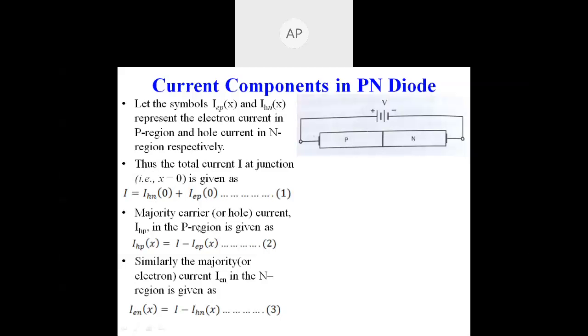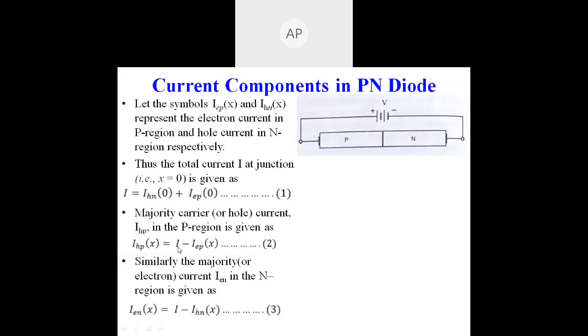Therefore, the current flowing under this situation is due to the minority electrons and the majority holes. Thus the total current I at the junction at a displacement distance x is given like this.